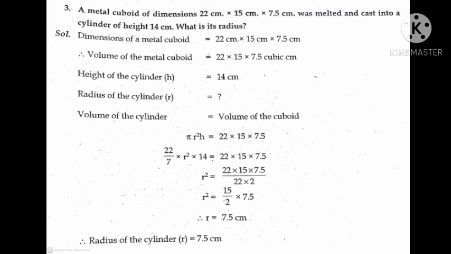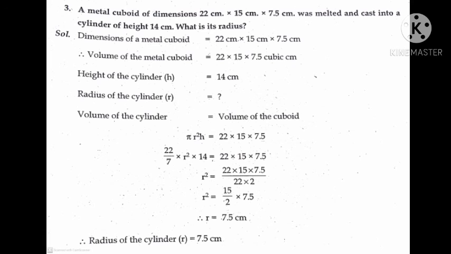Therefore, volume of the metal cuboid is equal to, we know that volume of the cuboid is equal to L into B into H, that is 22 into 15 into 7.5 cubic centimeter, and height of the cylinder H is equal to 14 centimeter. Radius of the cylinder R is equal to question mark.